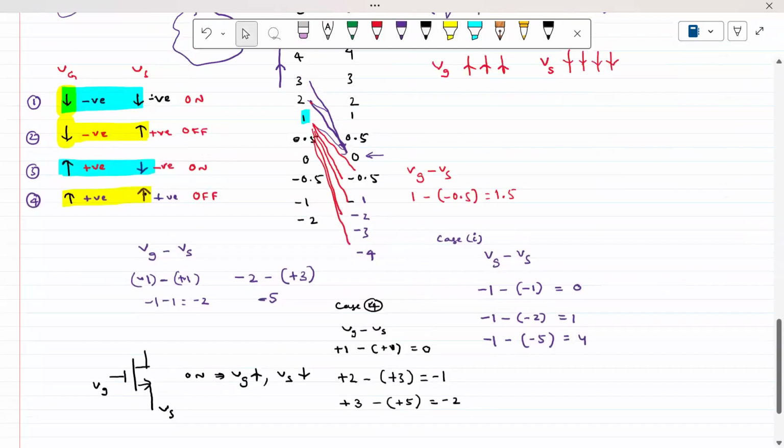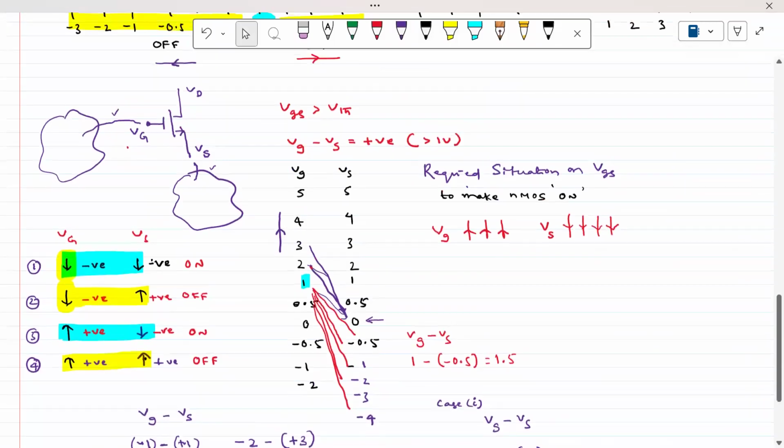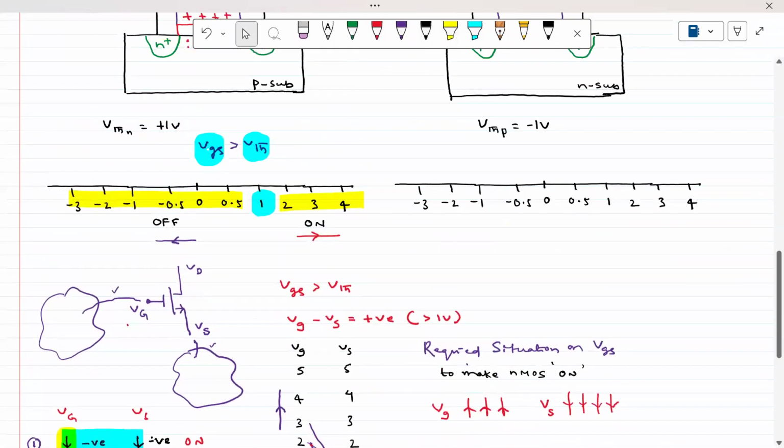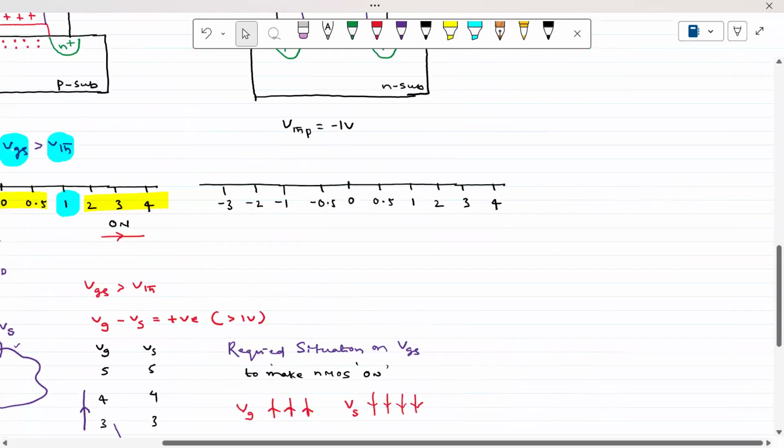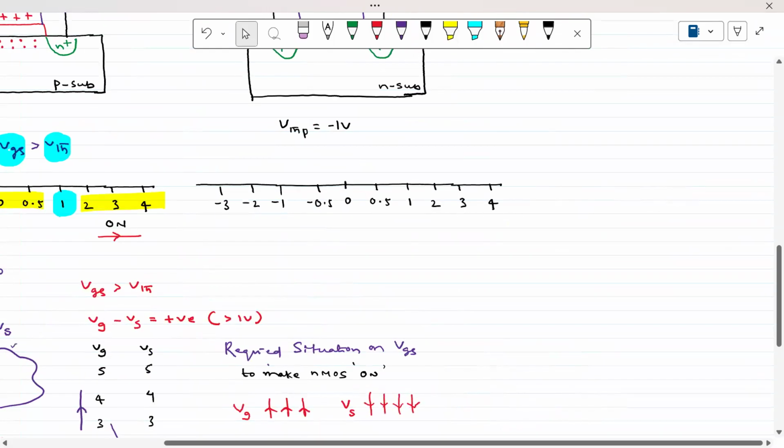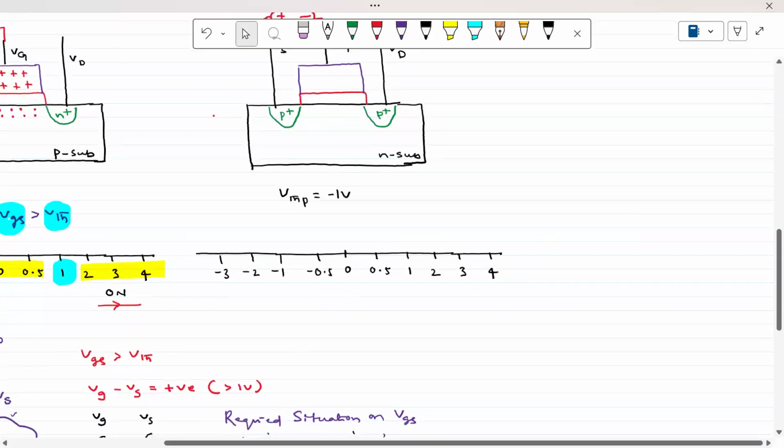Let's apply the same concept on the PMOS transistor. We'll take 5 minutes and do it. Now, look at this one. For a PMOS transistor, what is the required condition for the PMOS transistor to be on?